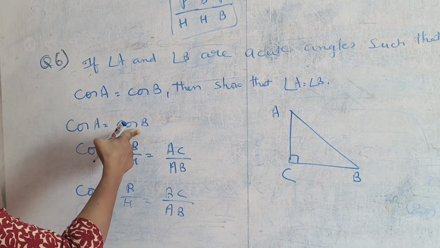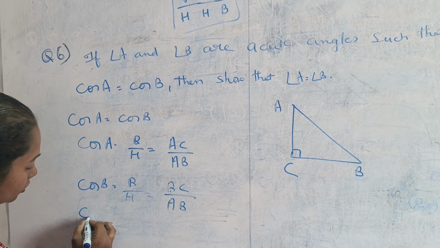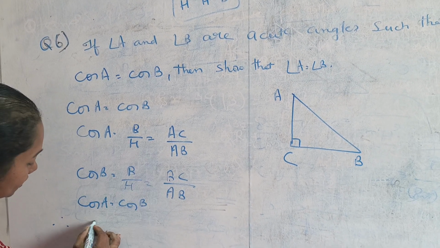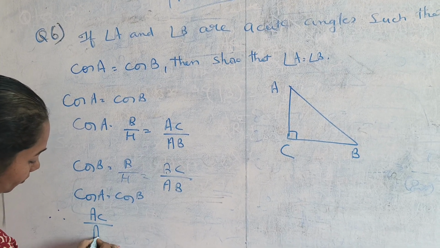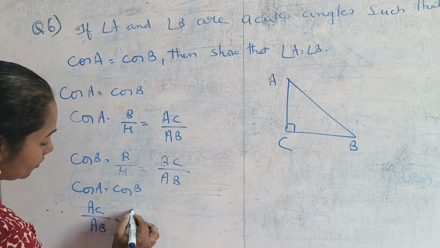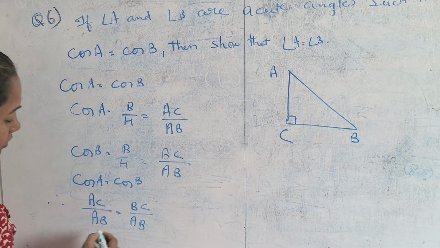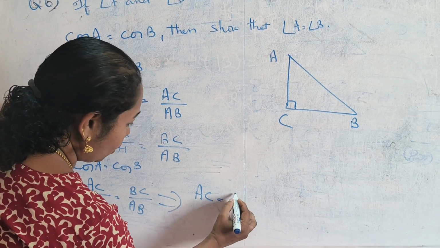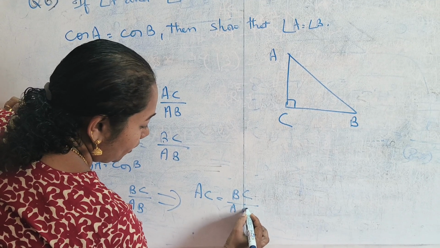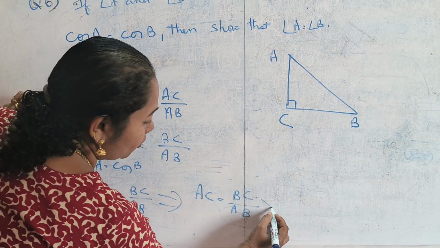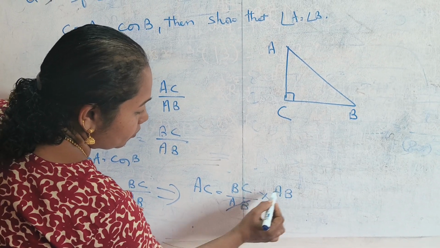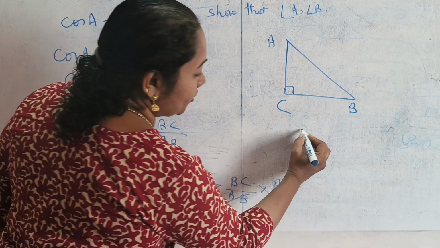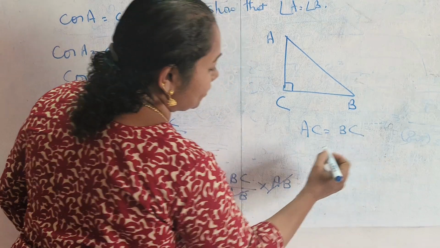Since cos A is equal to cos B, AC upon AB equals BC upon AB. Let us take this AB to the other side. It goes as multiplication, and since both AB are the same, they cancel out and we get AC equals BC.